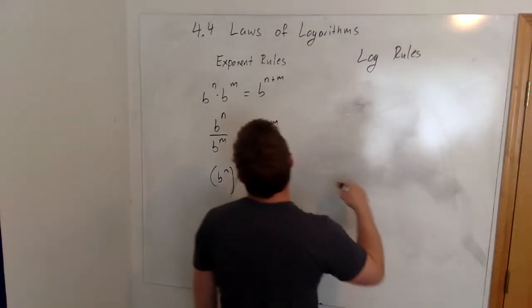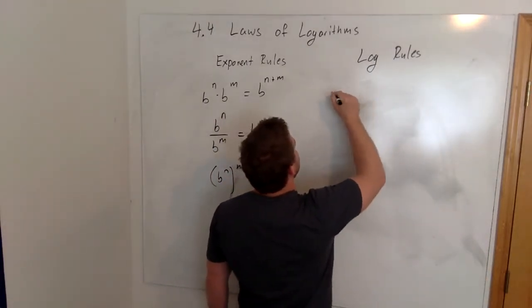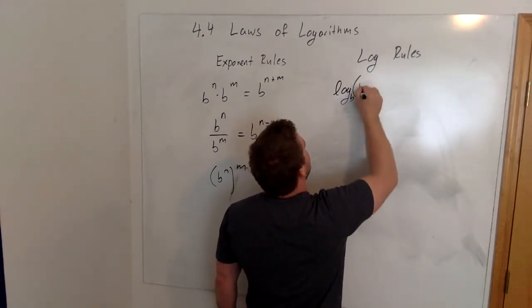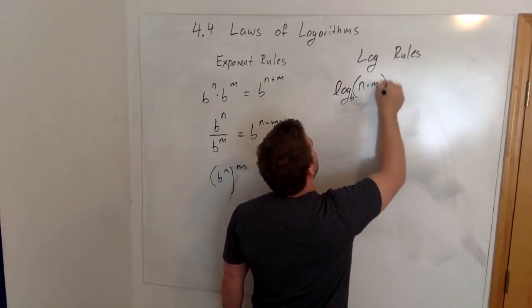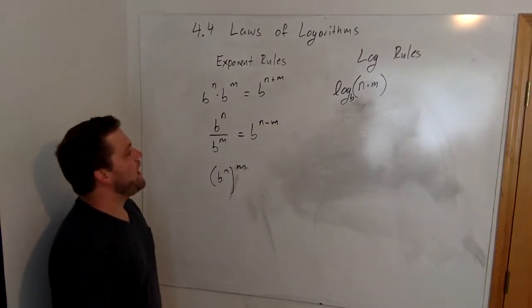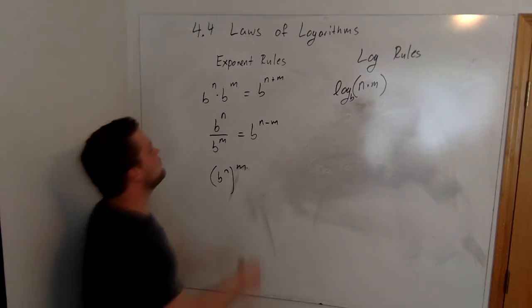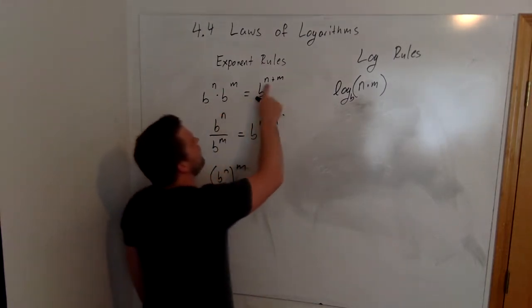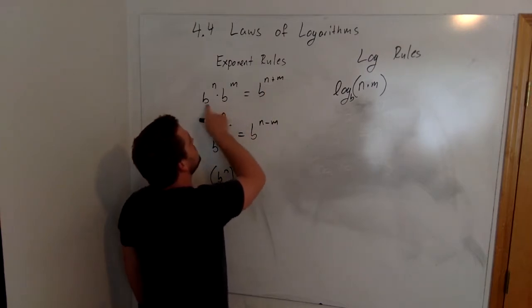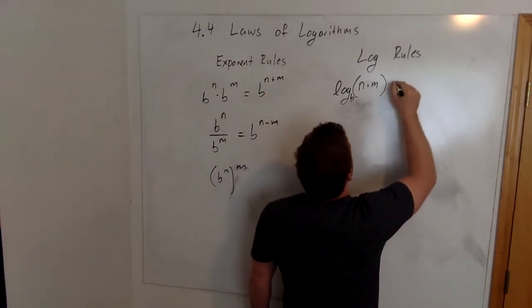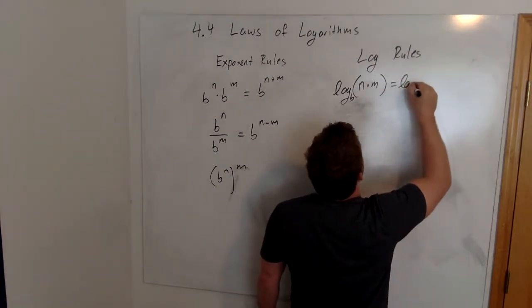So now we should ask ourselves the question here. Let's say that we have log base b, in general, of n times m. Well, what happens here? Notice that this is saying that multiplication corresponds to addition.